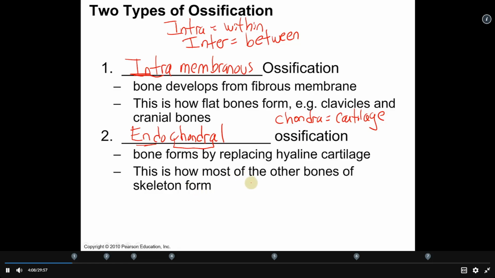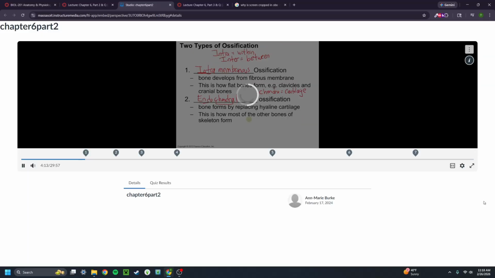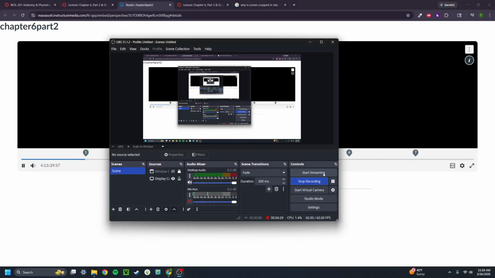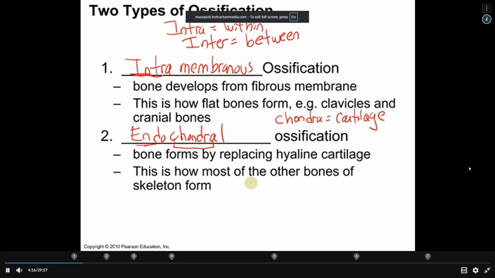So we are going to look at this a lot more closely. In addition, if you understand endochondral ossification, you understand how bone repairs.